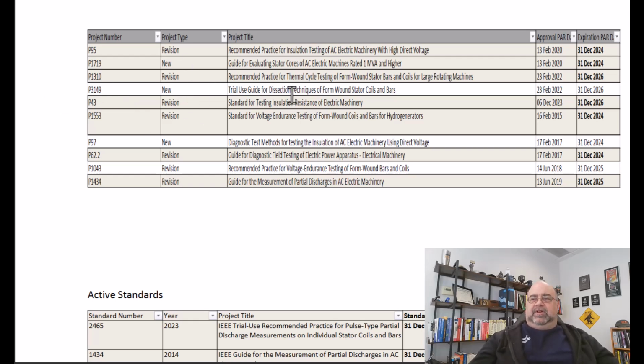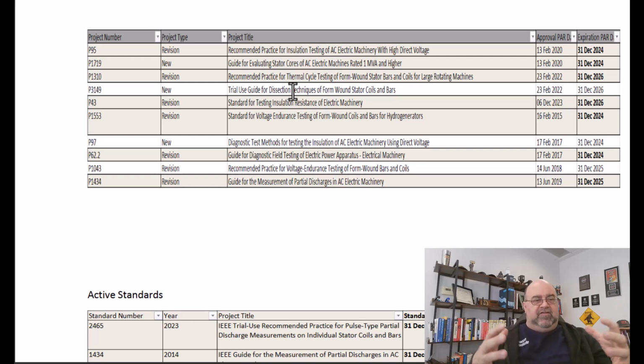So this trial use for dissection, some of the stuff I had put in there related to salient pole machines, so the actual DC coils as well as some of the other stuff. I think we put that in as an annex. Form coils, how to cut it, how to clean the surface so that you can get accurate information on voids, breakdown, et cetera.